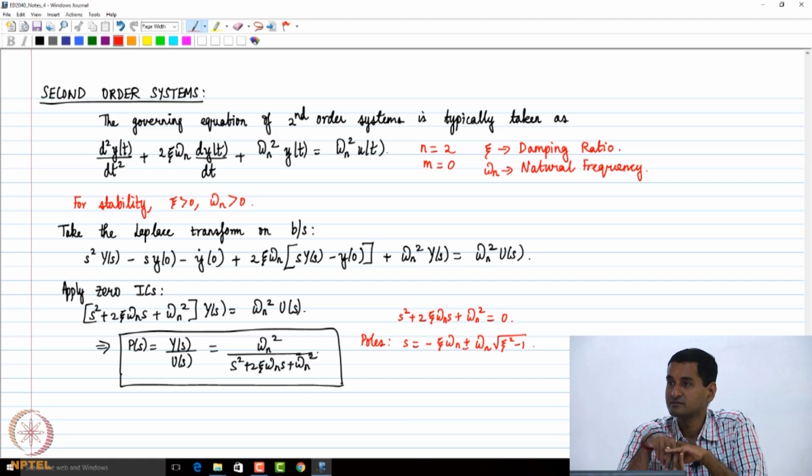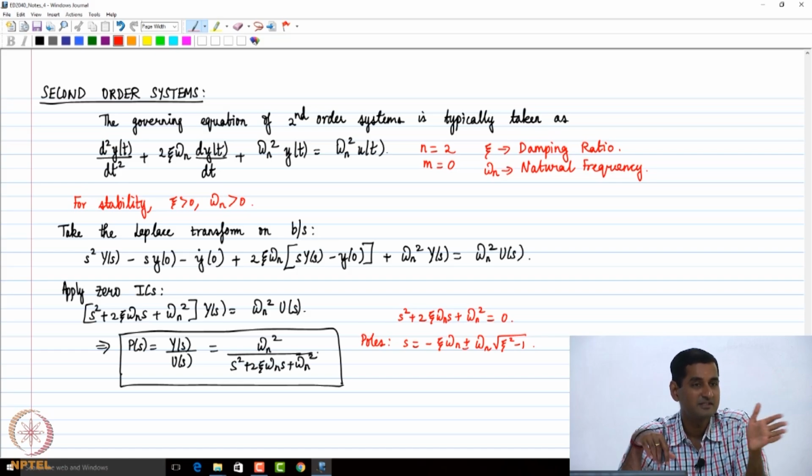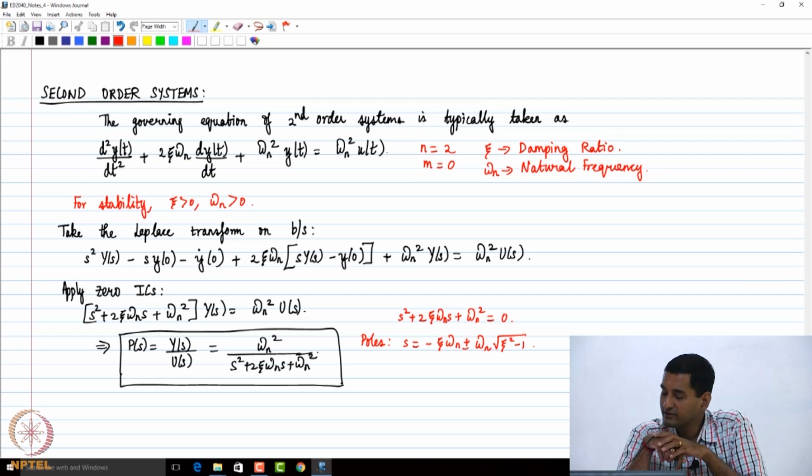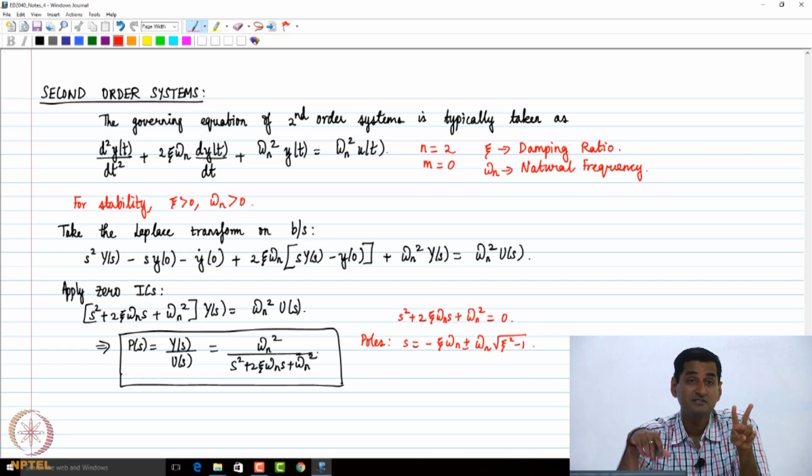Am I correct? If you have a s squared plus b s plus c equals 0, the roots are minus b plus or minus the square root of b squared minus 4ac, the whole thing divided by 2a. That's what I have done. Of course, it's a second order system, so the value of n is 2 and you get 2 poles. Now, what can you say about the nature of these poles?